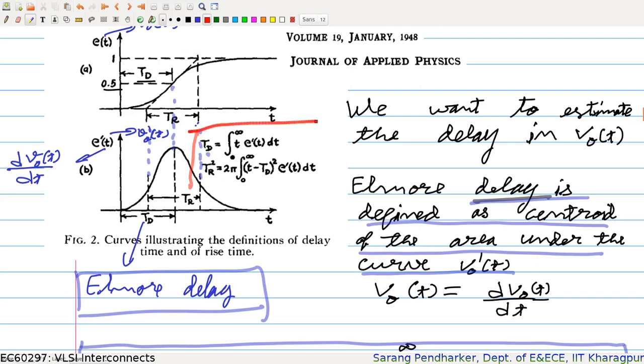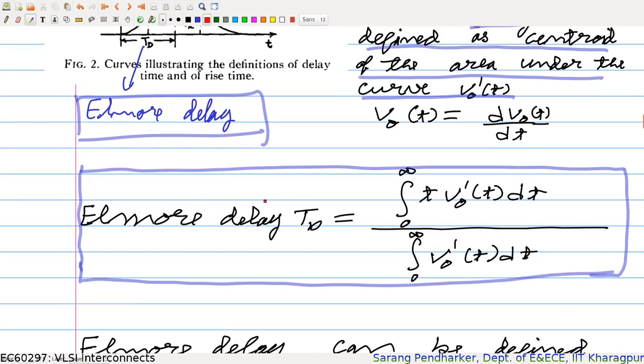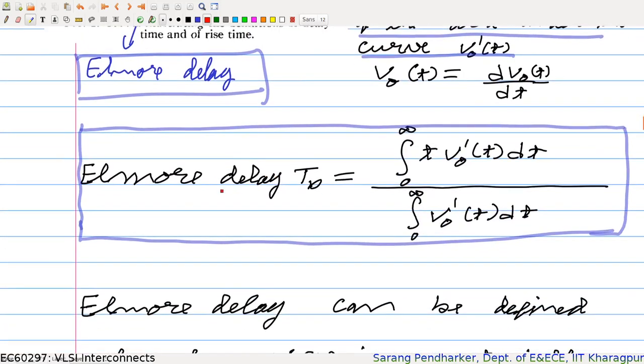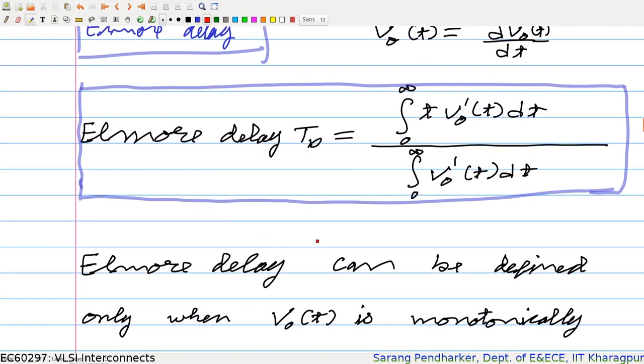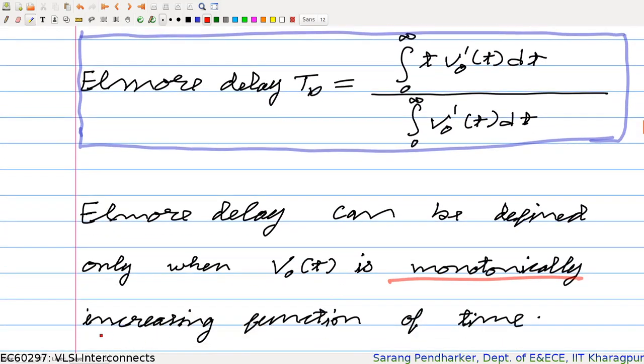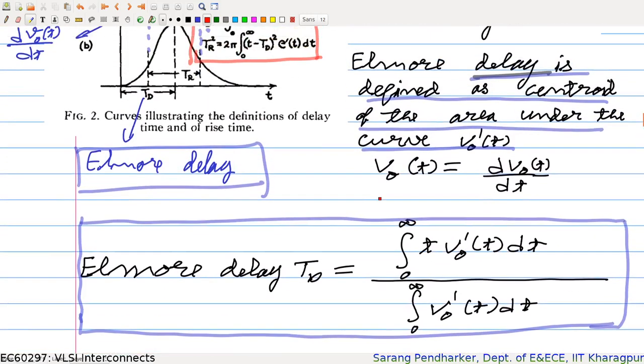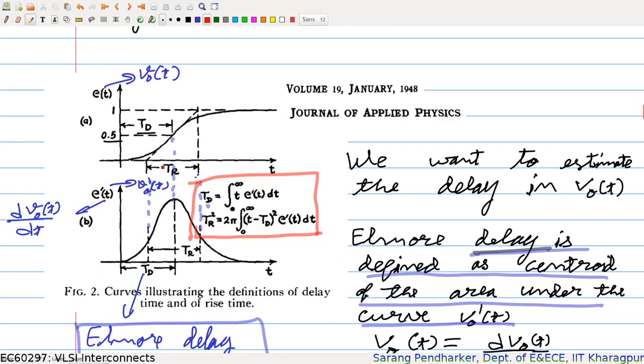so this is from his original paper, right? So please note that while defining this Elmore delay, he specifically said that this can be defined only for monotonically increasing functions of time. Why is that? Now it should make sense, because if your function is not monotonically increasing, then its derivative will have some negative part as well, right?